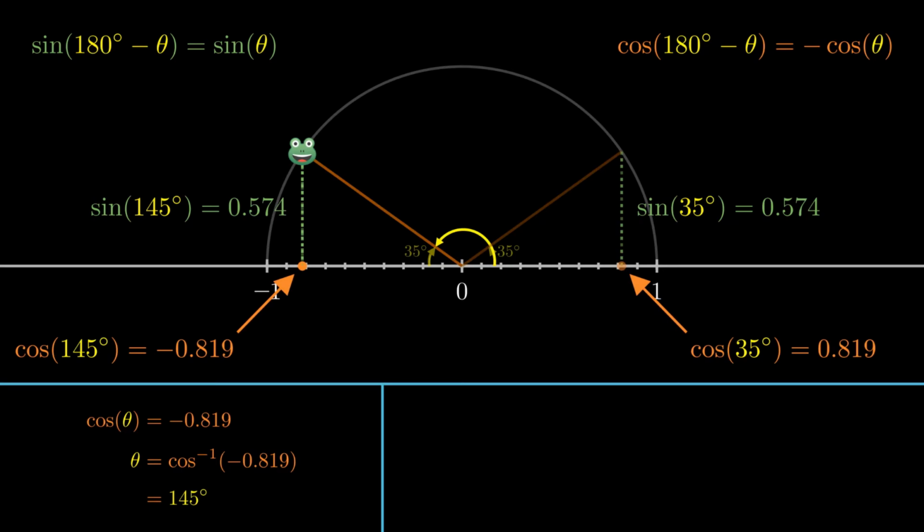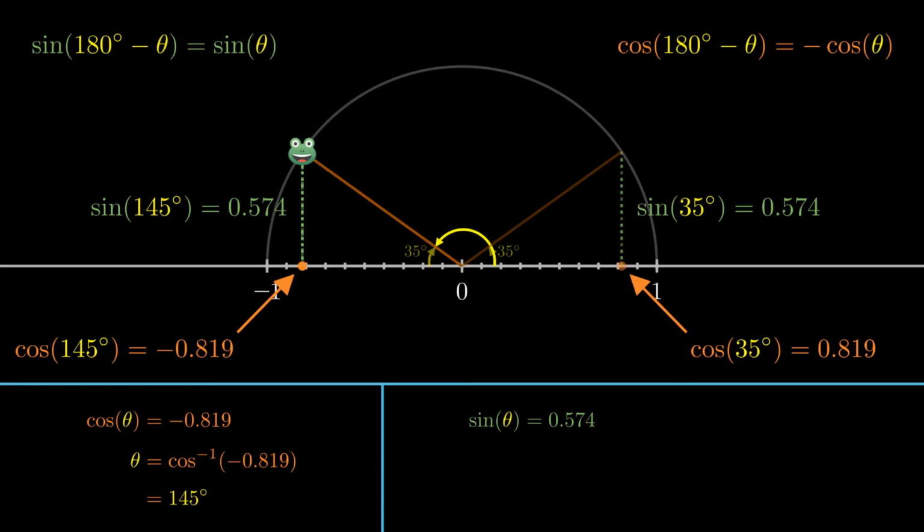But if in the wild you encounter something like sine theta equals 0.574, then there are actually two possibilities for the angle in our frog story. We could either have swung 35 degrees, or we could have swung the whole 145 degrees, and both of them would have worked.